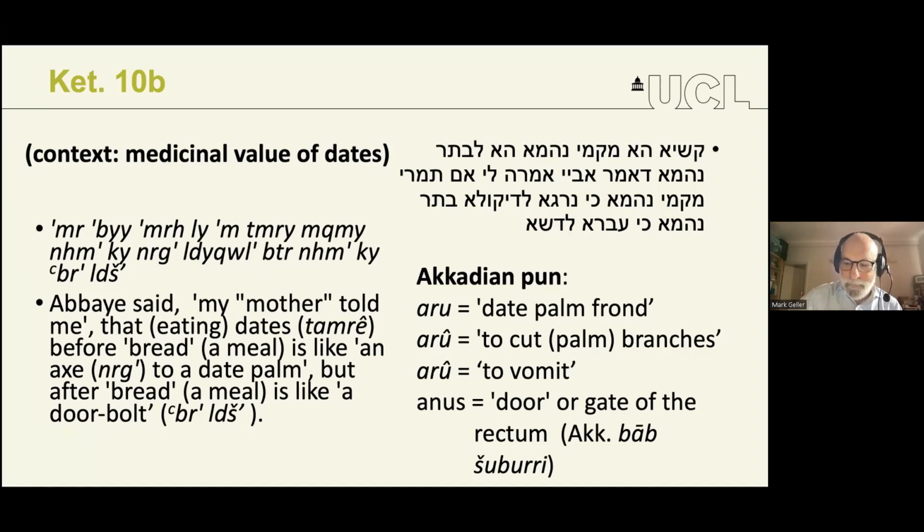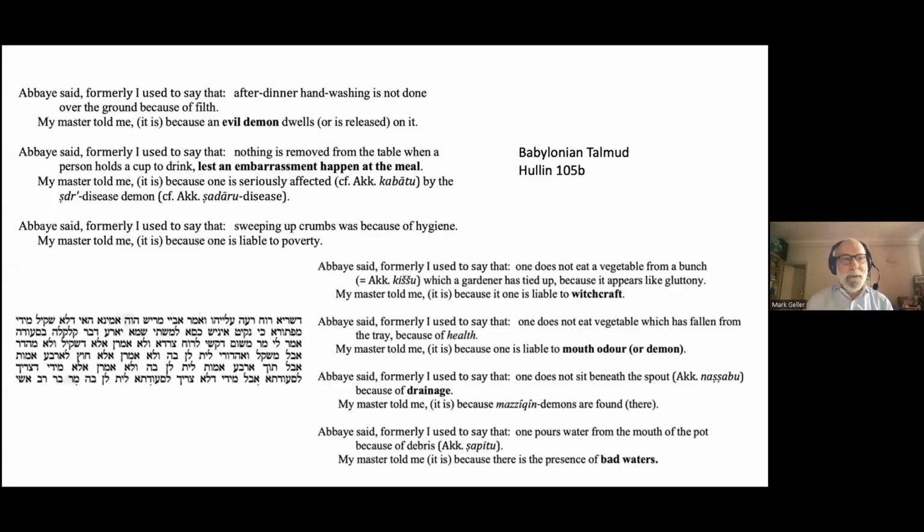Now, since we've now at least partially established some possible credentials for Abaya, that he either knew some Akkadian or knew someone who knew Akkadian, let's look at one of his interesting statements.